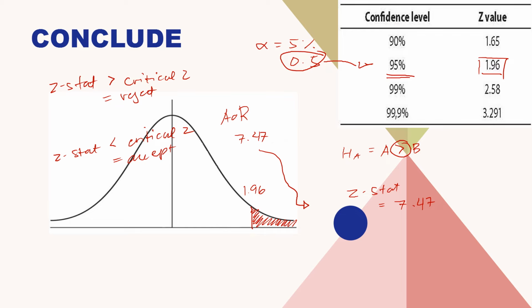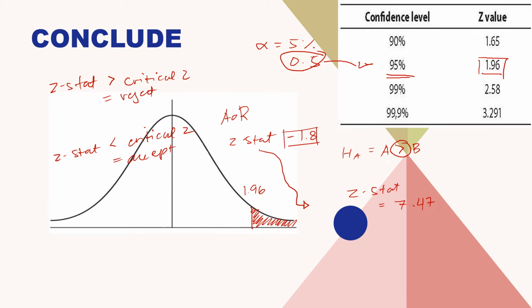Okay, because for instance, let's say that our z-stat, for example, is negative 1.8.